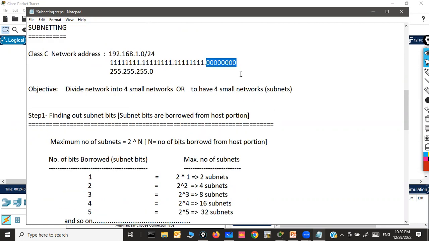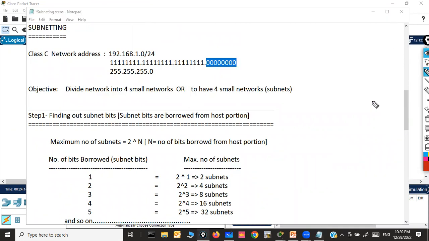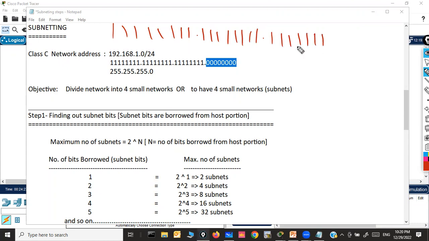Let's say we already have a mask with ones here, again ones, again ones, and maybe only 2 zeros, hardly 1 or 2 bits.